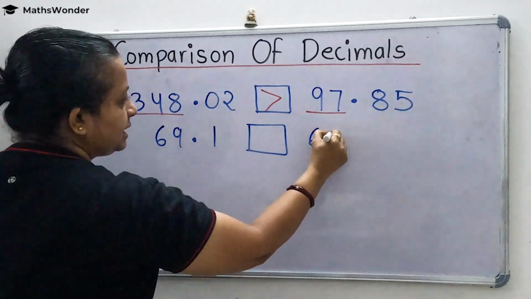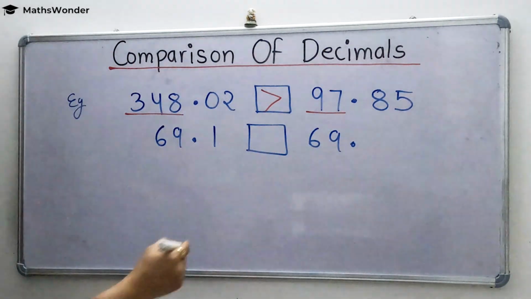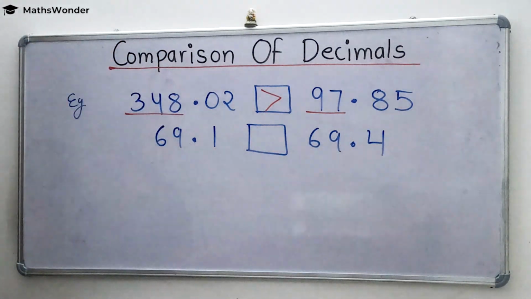and 69.4. Now see, in this, first of all we will compare the whole part. The decimal with the greater whole part is the bigger, as we have done in the first question.